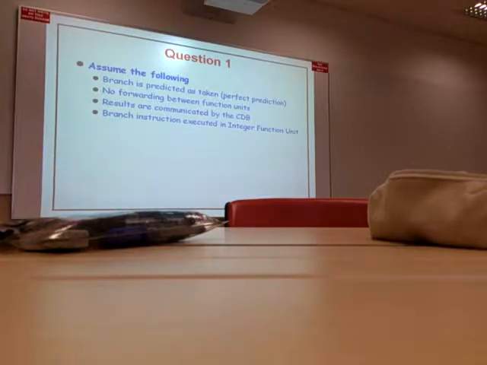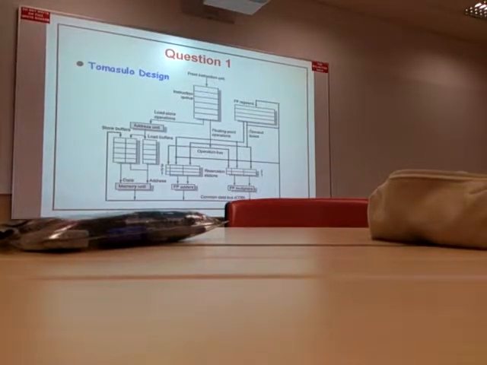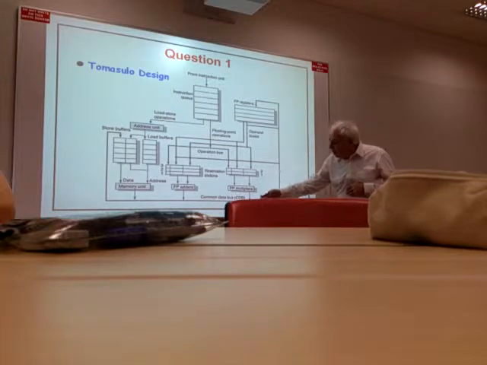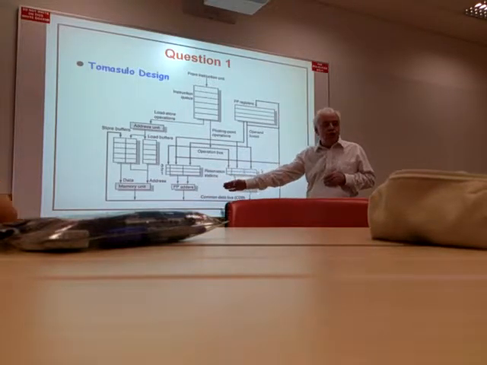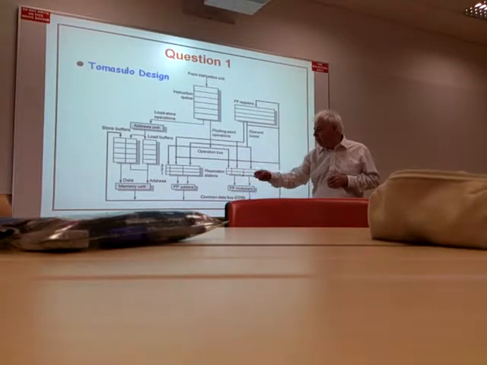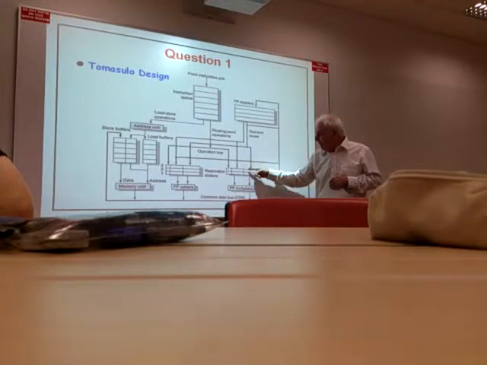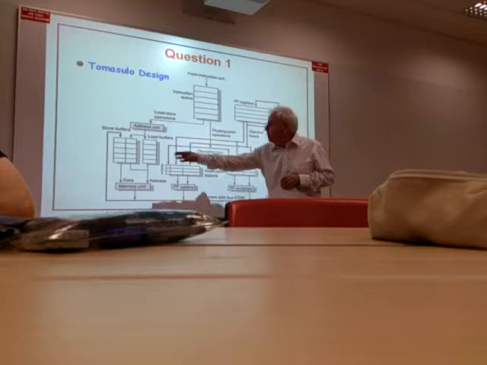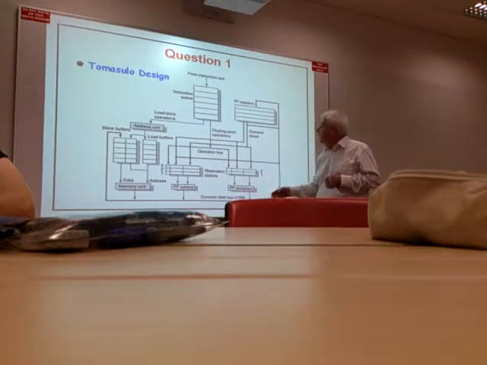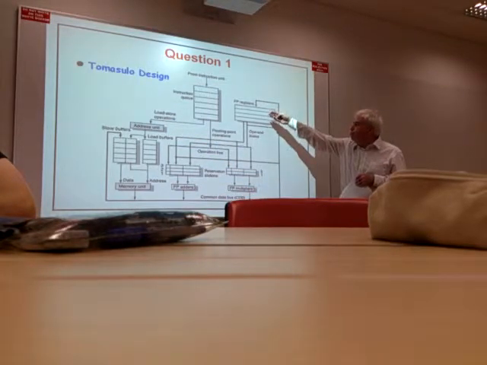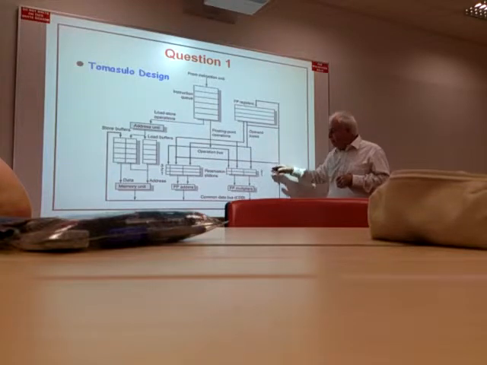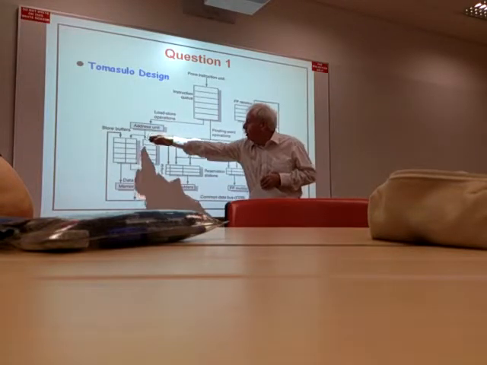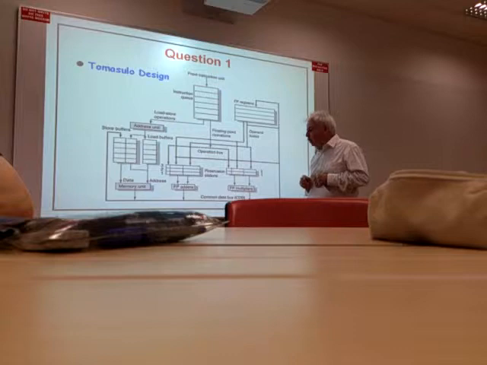Okay, so to go back to the architecture, we have a common data bus which is used to write back the results. So if we have a multiply operation, then the common data bus can write back the results either to the FP registers, or they can be written to these buffers.